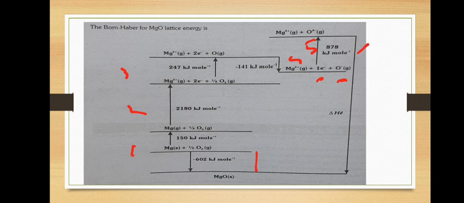Now you are to convert magnesium plus 2 and oxygen minus 2 into magnesium oxide, and you know that this energy is called lattice energy. So that is the Born-Haber cycle.